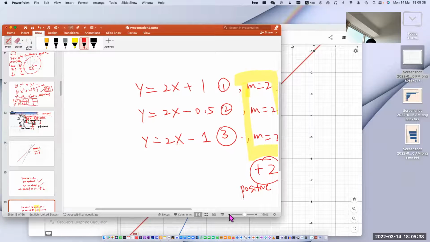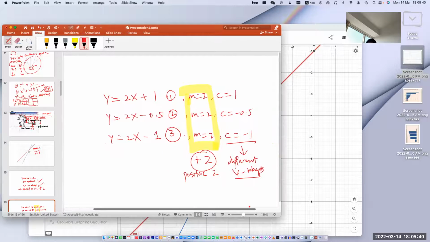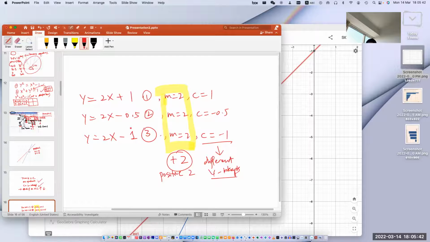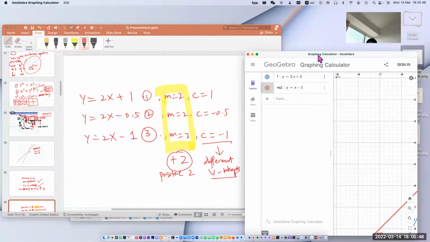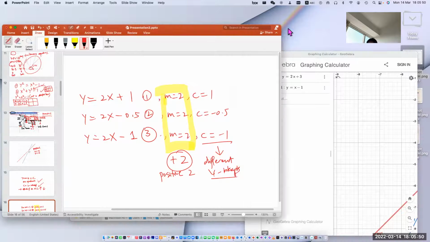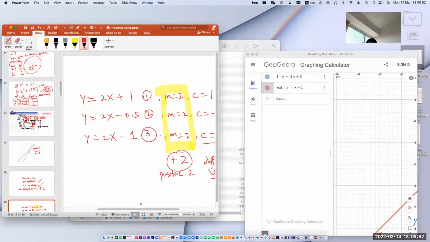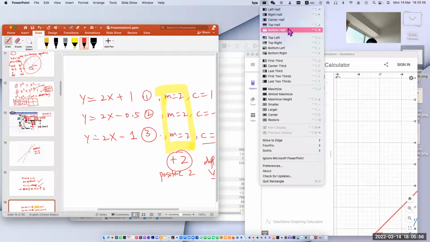So let's graph these three and see what is the effect. Okay. So mathematically, you see it here already. But how does it affect the appearance of each of them? Just get into a split screen. Yeah. So I go to split screen.